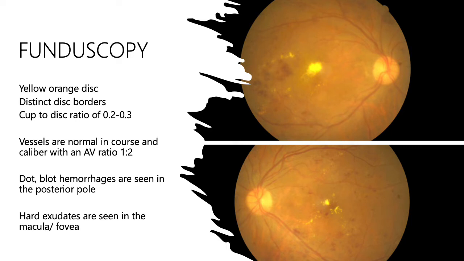I see several dot and blot hemorrhages in the posterior pole. And there are these yellow hard exudates, especially seen in the macula or near the fovea. There's more exudates in the right and a little bit less on the left.